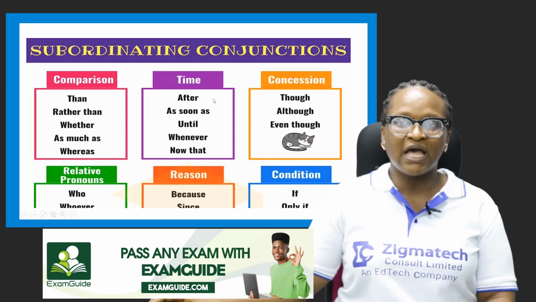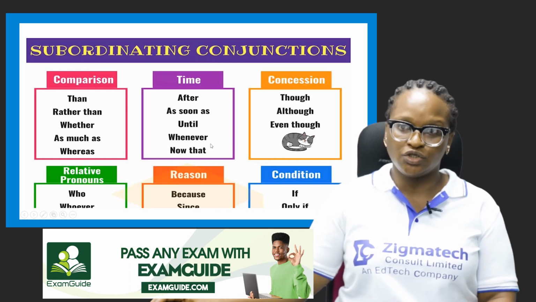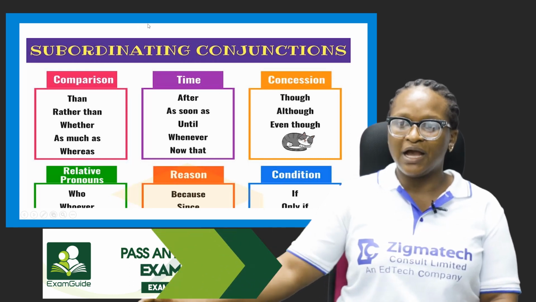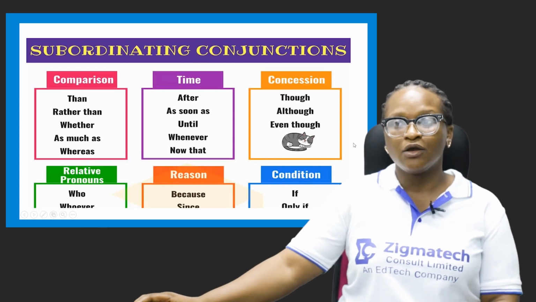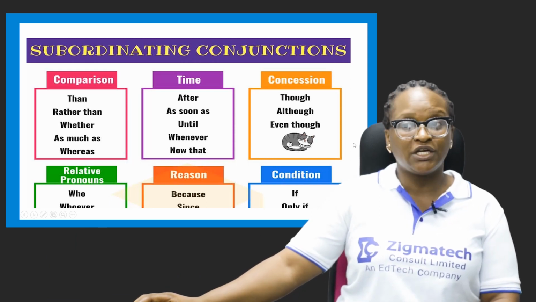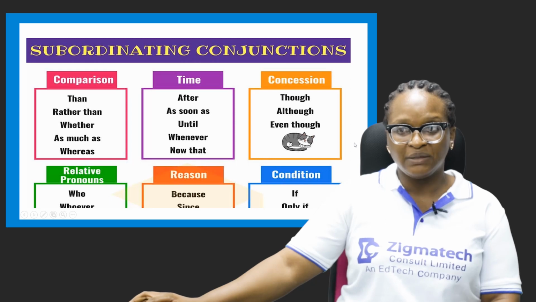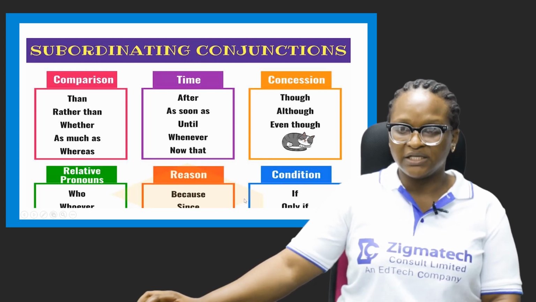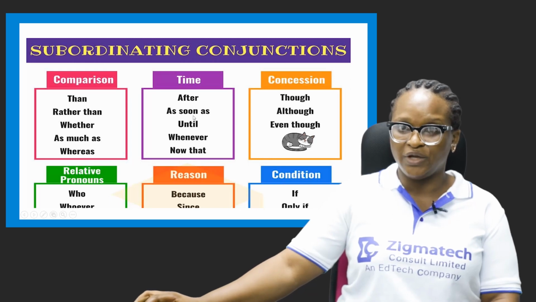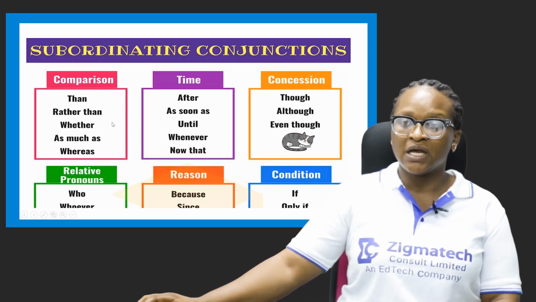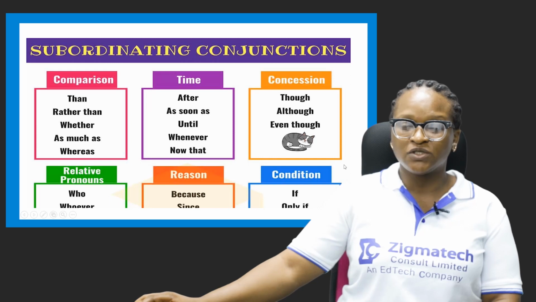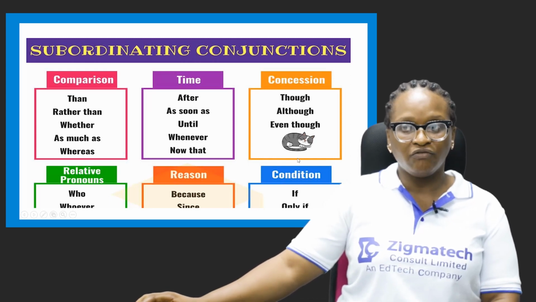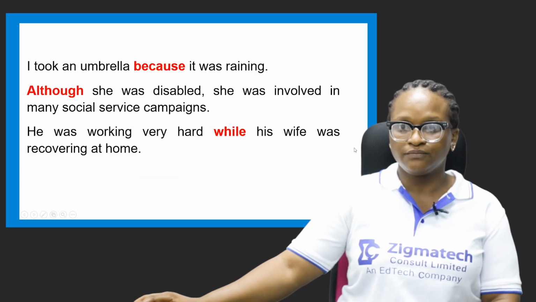If you want to show time using your subordinating conjunction, these are the words you have to use. So you see that subordinating conjunctions are closely related to adverbs, aside from the relative pronouns. Every other thing we have under subordinating conjunctions can work as adverbs, either of time, comparison, reason, condition or concession.